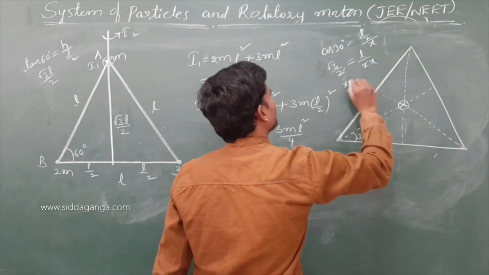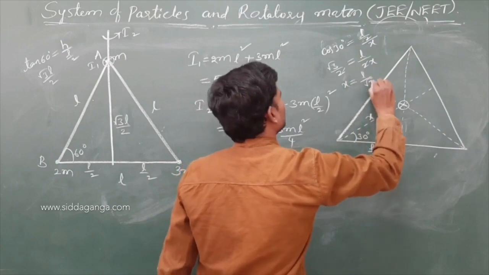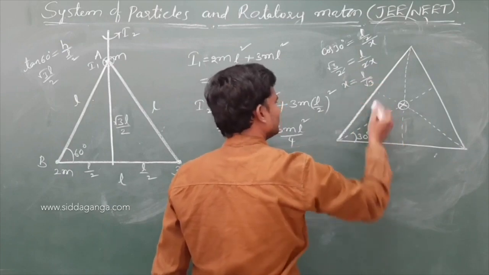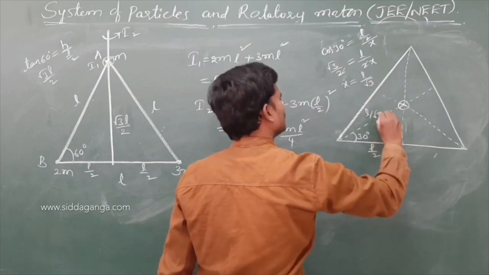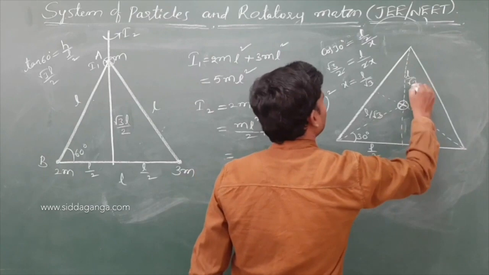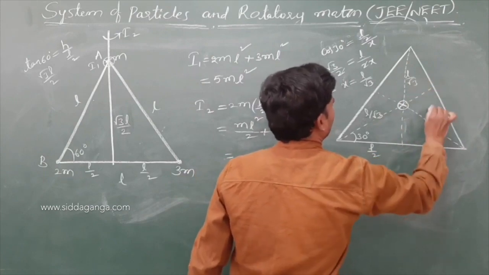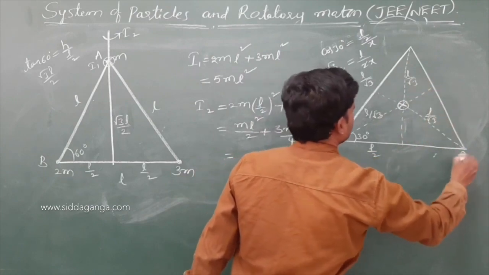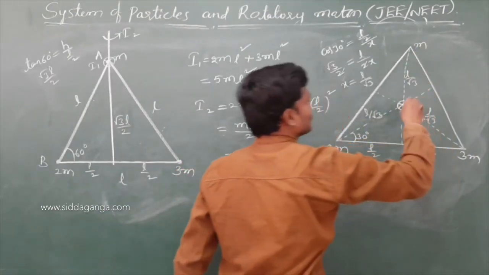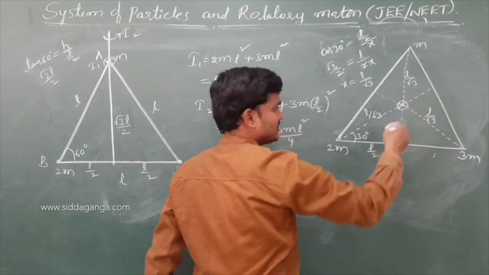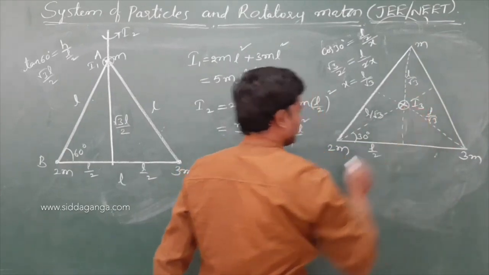X equals how much? L by root 3. So x is clear. This is also L by root 3, and this is also L by root 3, with the 3m mass, 2m mass, and m mass. Now the target is about this axis, so this is I3.